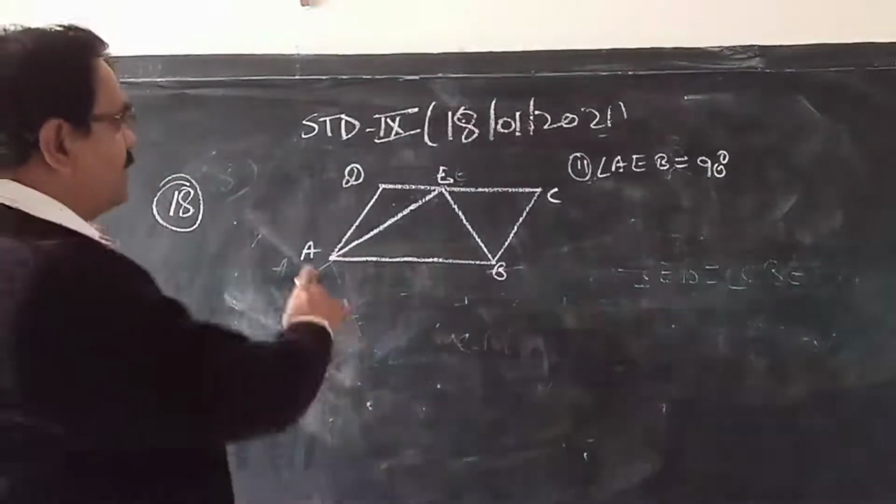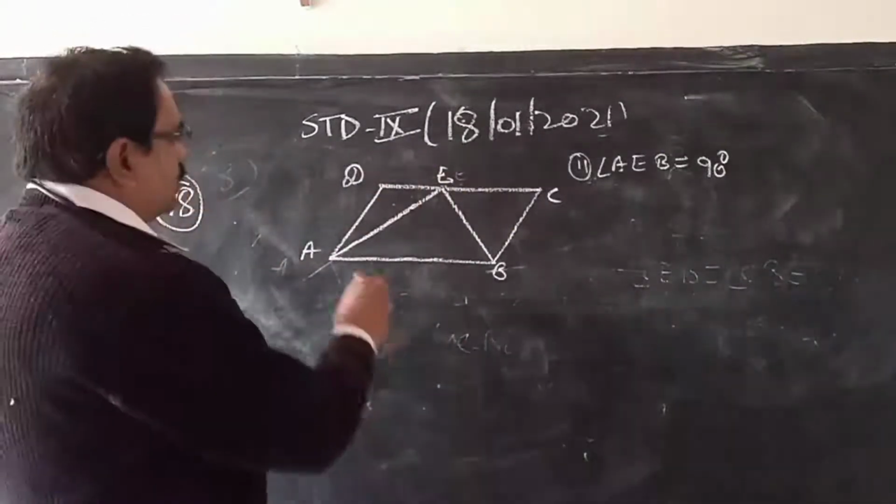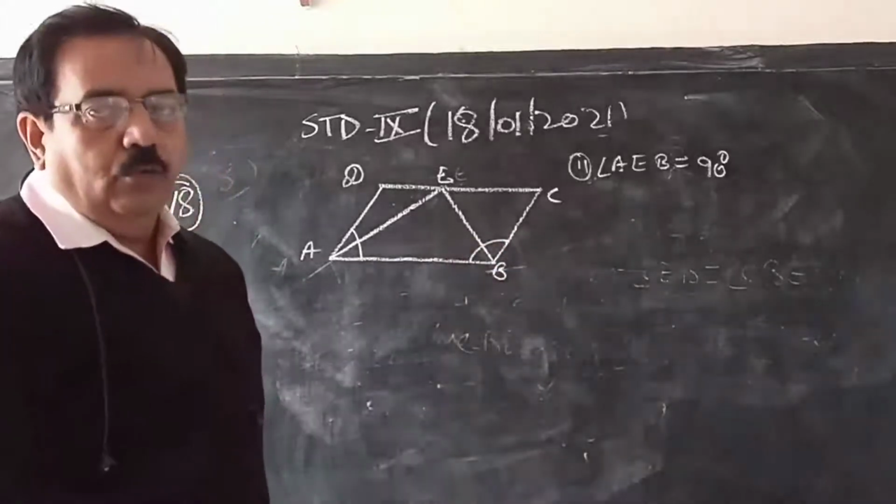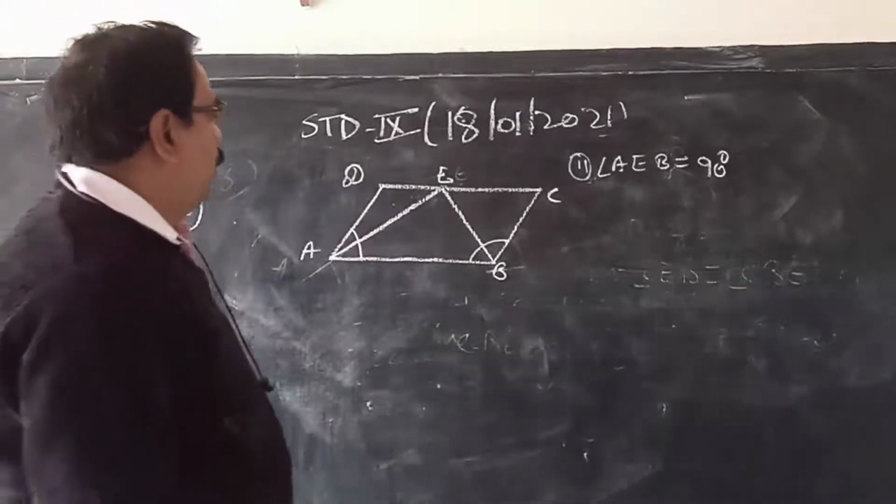You know that since ABCD is a parallelogram, the sum of angle A and angle B will be 180 degrees, co-interior angles.